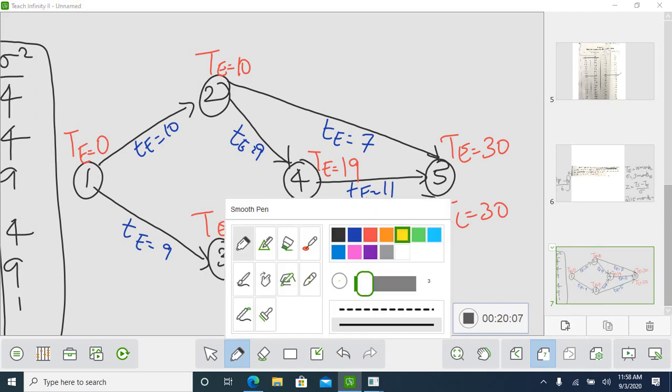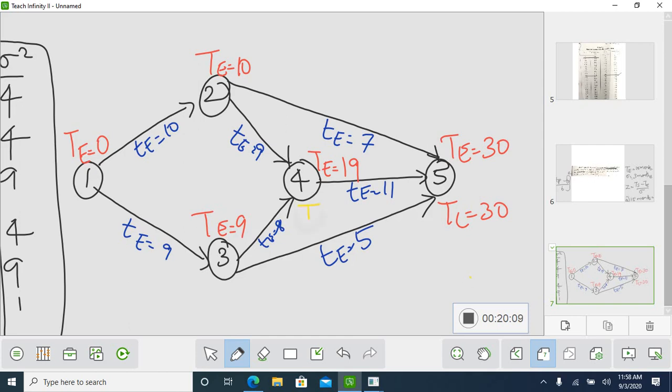That is, zero value. 30 minus 5 you will take, or first you will do it for 4. 30 minus 11 is 19. For 2, 30 minus 10 you will take now.